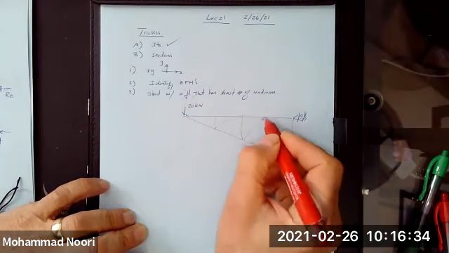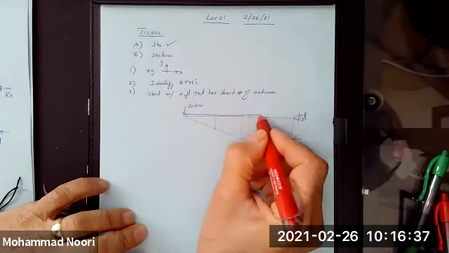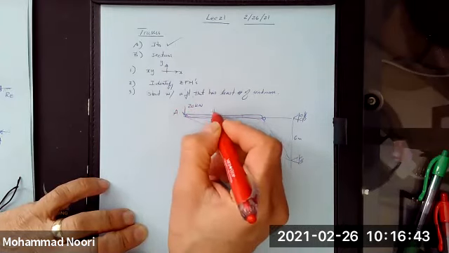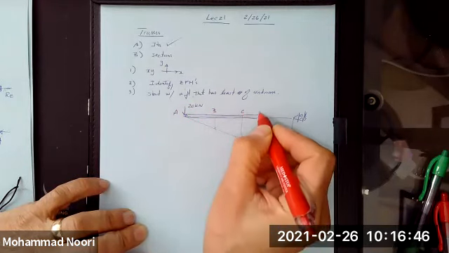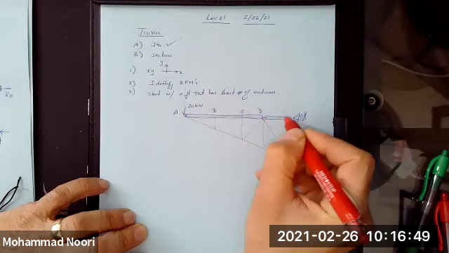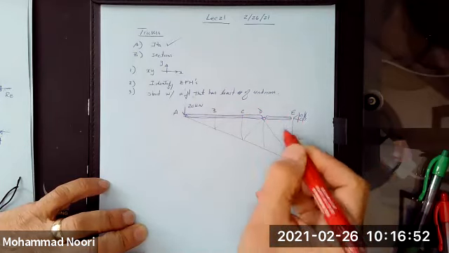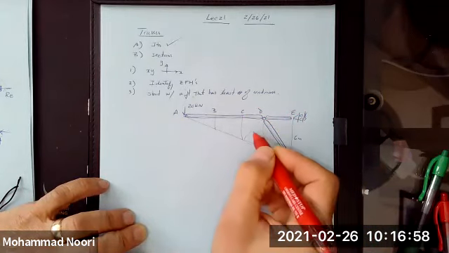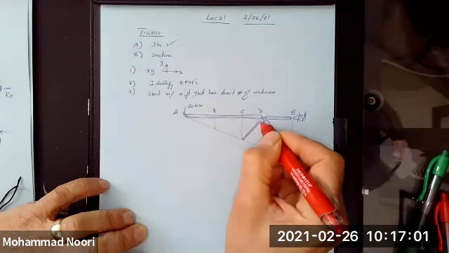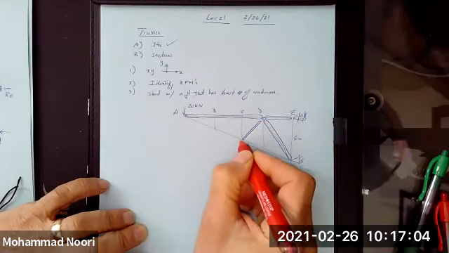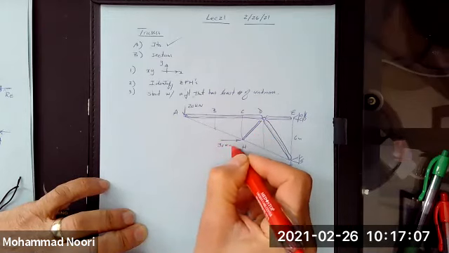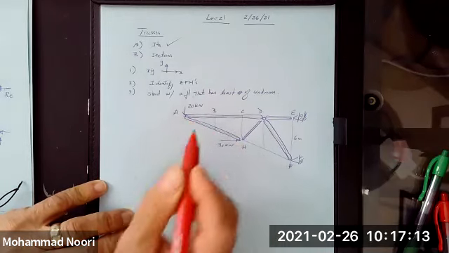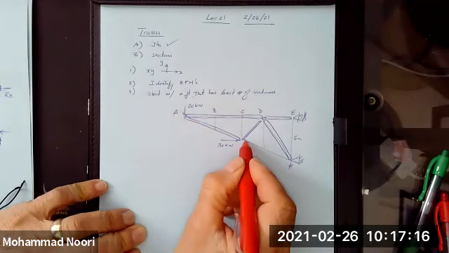So as we demonstrated, we ended up with only these members. This one, A, B, C, D, this one, this member, F, this member, H, and I had a force of 30 kilonewton here, and then this member, and of course, this member.